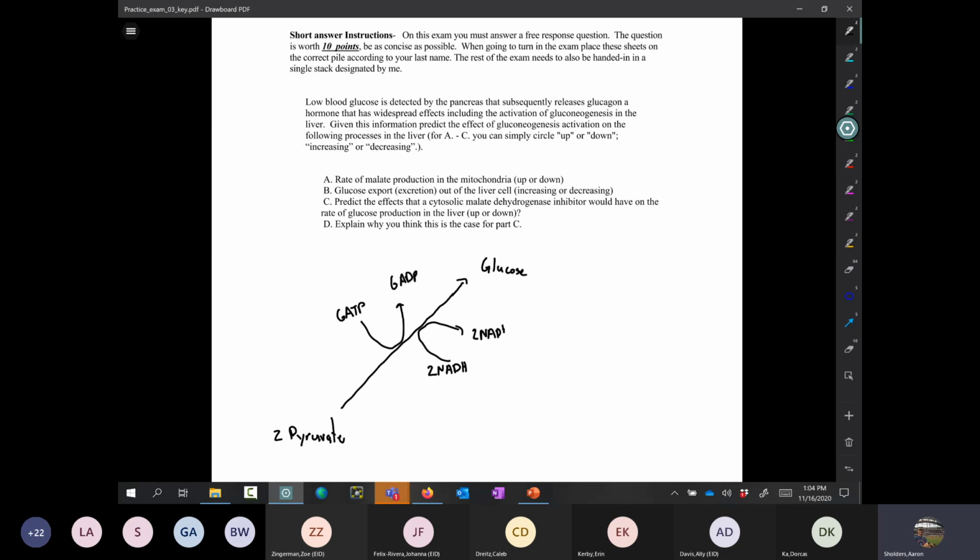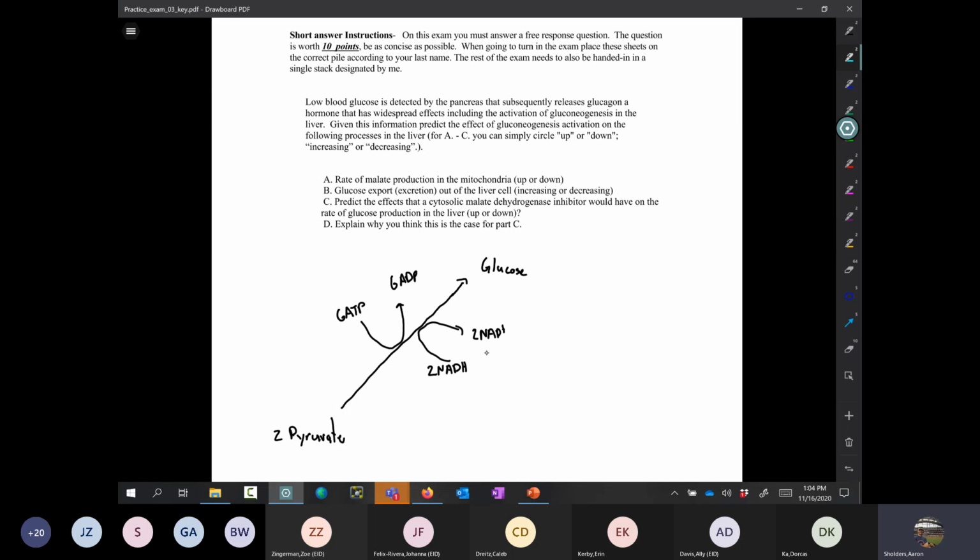So it says low blood glucose is detected. Given this information, predict the effect of gluconeogenesis activation in the following processes. Now it says A, rate of malate production in the mitochondria. This is the reason that I drew it out this way, because remember, we have to have something, just like we did with glycolysis, that will recycle NADH to the cytosol.